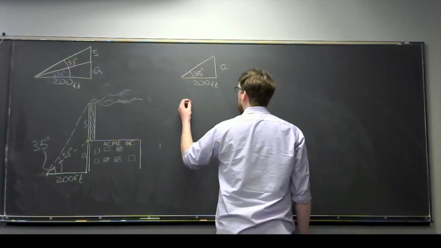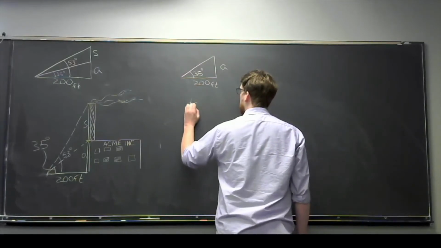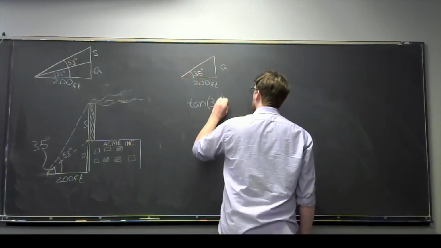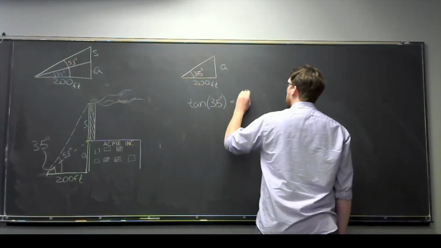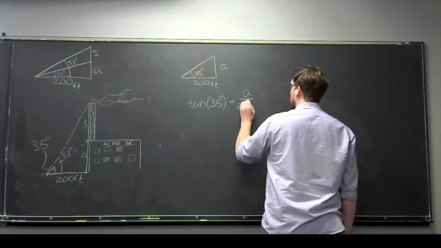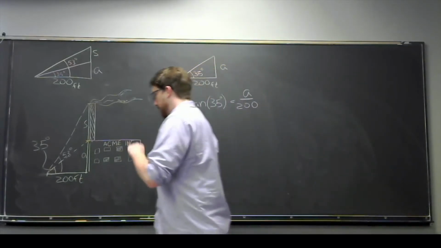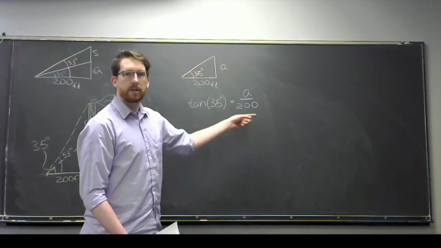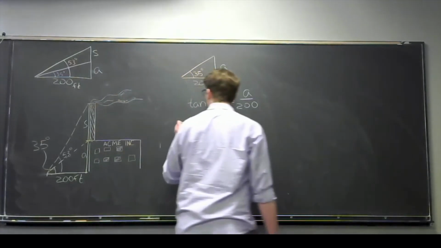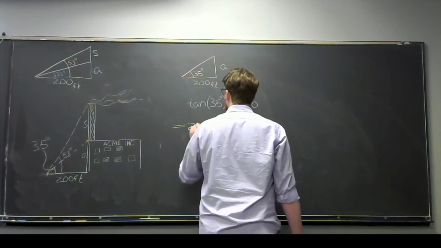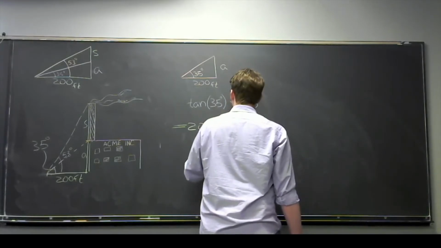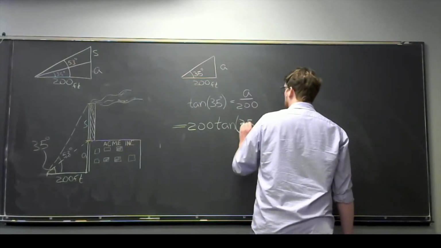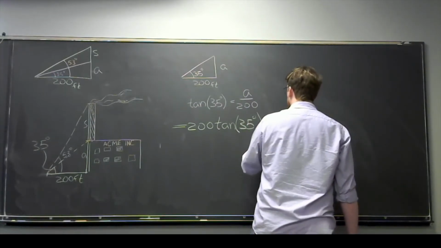What we know then is that tangent of 35 degrees is equal to A over 200. Multiply both sides by 200: 200 times tangent of 35 degrees is equal to A. All right, cool.